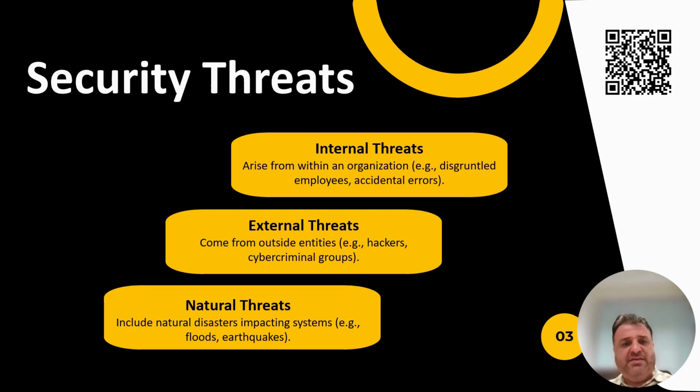For example, disgruntled employees or accidental errors. An external threat comes from outside the entity, for example, hackers or cybercriminal groups. Natural threats include natural disasters impacting the system, like earthquakes or floods. It's very important to know and be ready for all of these categories of threats: internal, external, and natural.